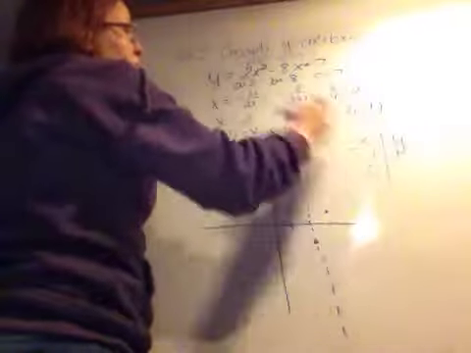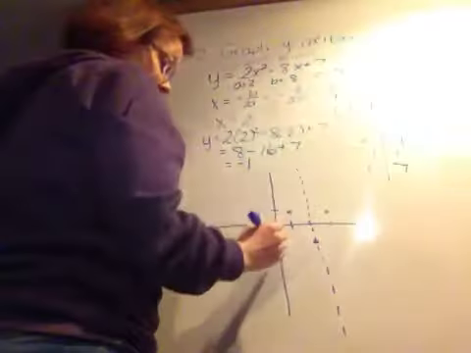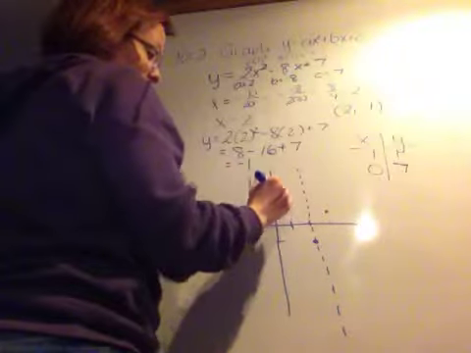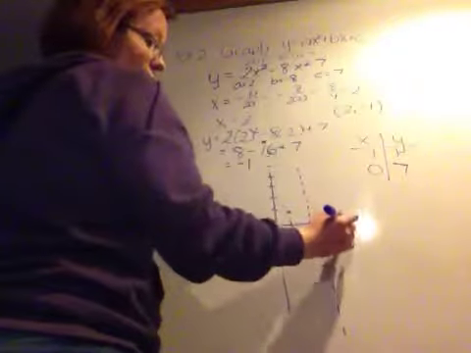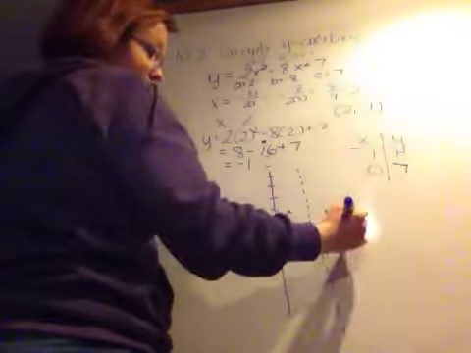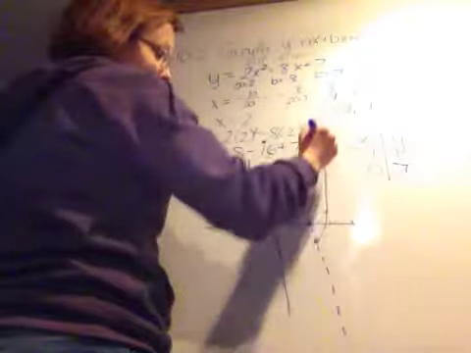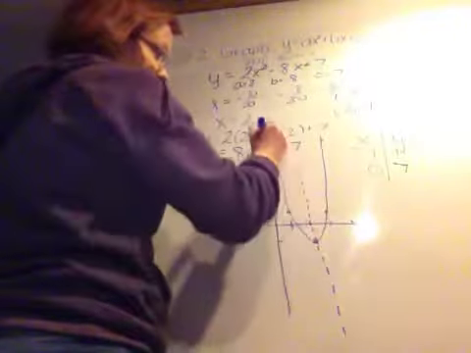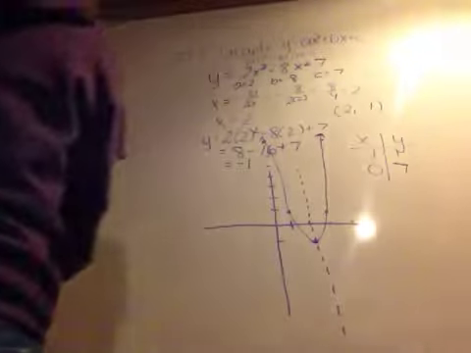When I put in 0, I'm going to get my y-intercept, which is c, which is 7. So at 0, I'm going to be up at 7, which is going to be like up here. And then when I'm to the right of the vertex, I'm also going to be up there. So then I'm just going to draw that in. And you have your graph.